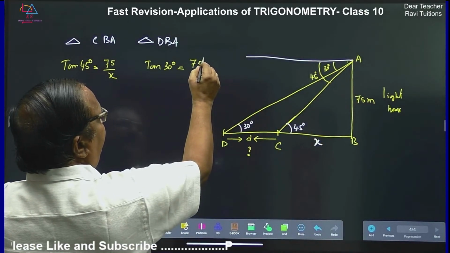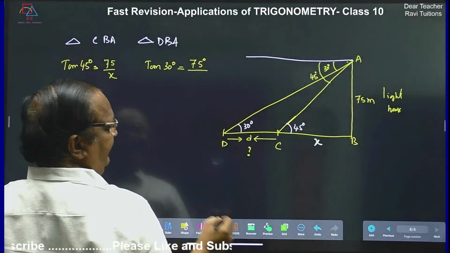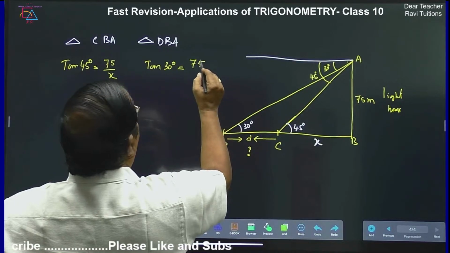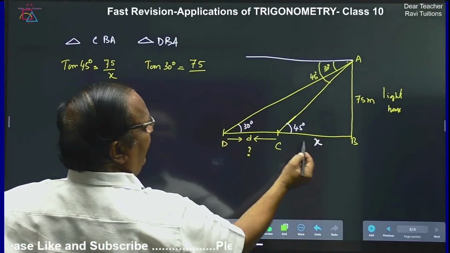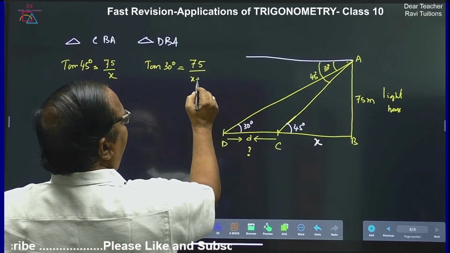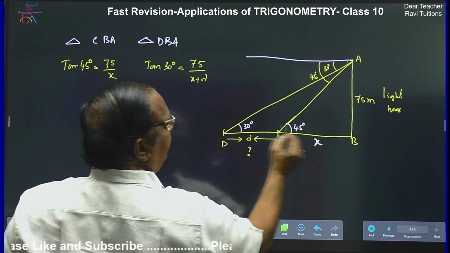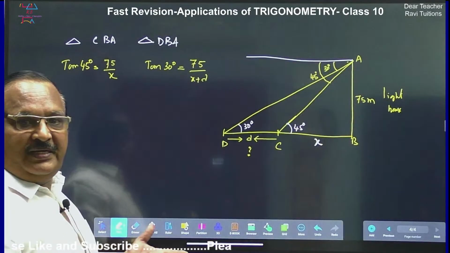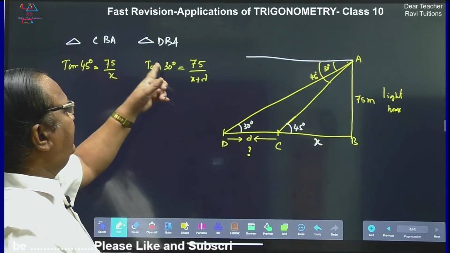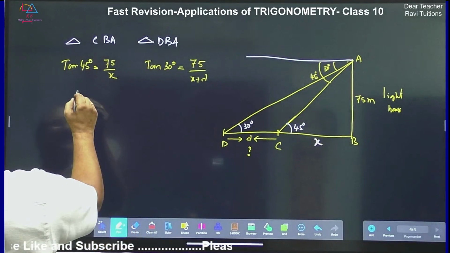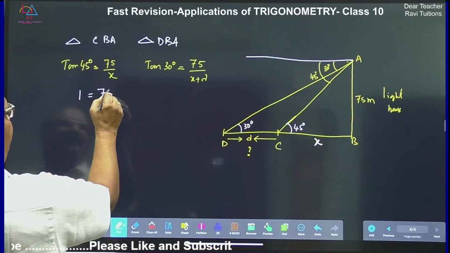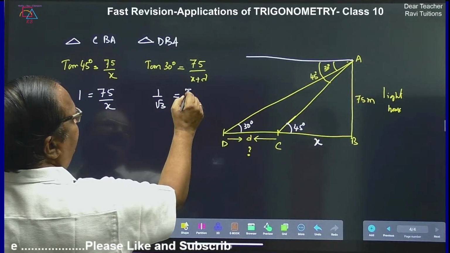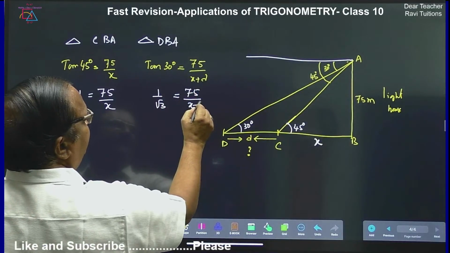So 75 by x plus d, because DB is nothing but x plus d. I told you tan 45 value and tan 30 value. So tan 45 is 1 is equal to 75 by x. This is 1 upon root 3 is equal to 75 by x plus d.